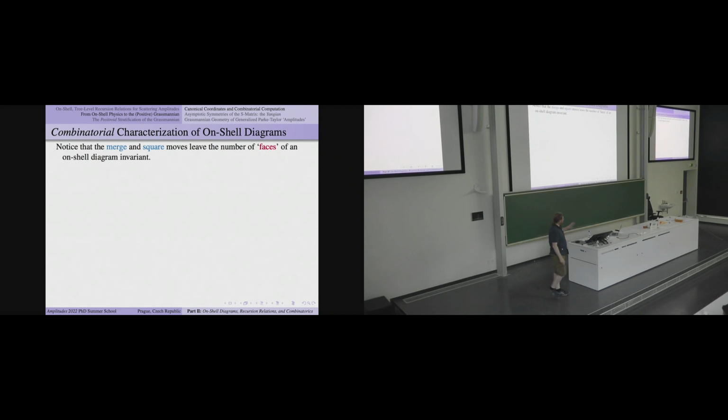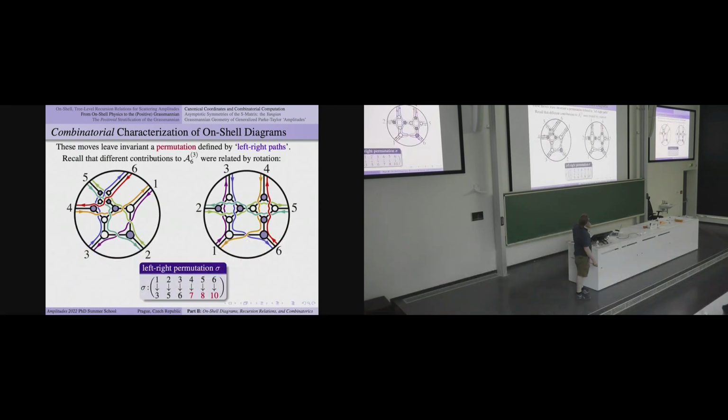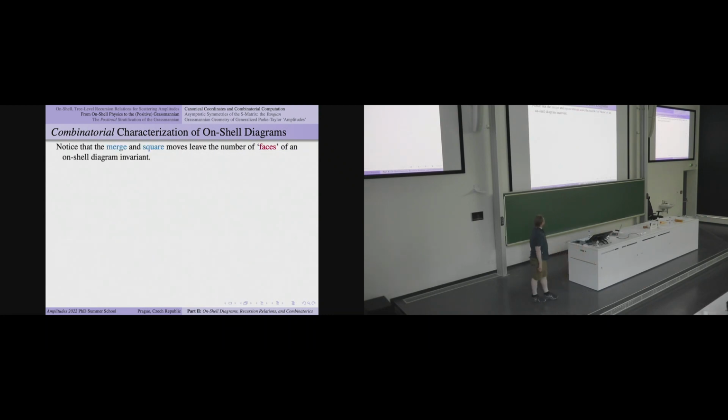But for all the graphs that we're drawing here, this distinction is irrelevant to us. It'll just be part of a cleaner toolbox later on. Okay, so the merge and square moves generate all the relations, but there's still an infinite number of graphs.